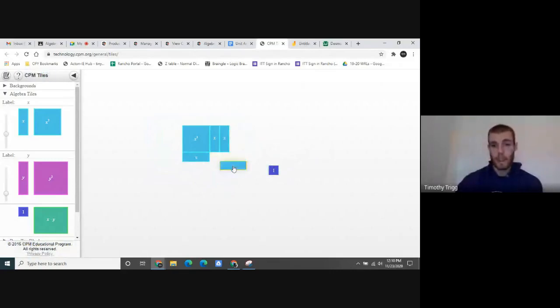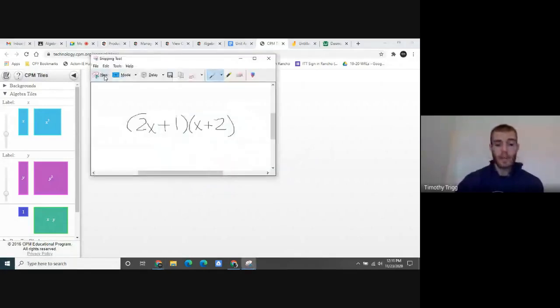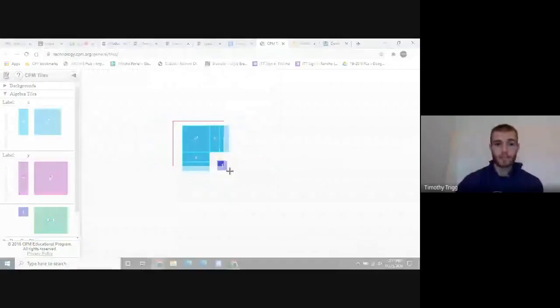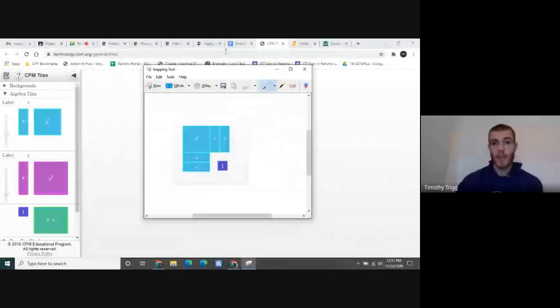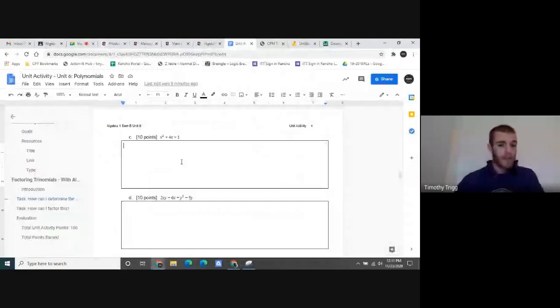So what do we say? Well, we could show this. I would go ahead and take a screenshot of that and put it into the work. And you can type that this one is not factorable. This is one of those ones I was telling you guys about, that sometimes the trinomial won't be factorable. So this trinomial is not factorable.